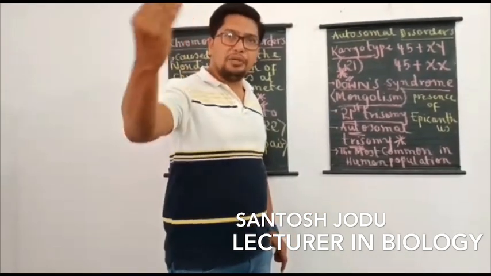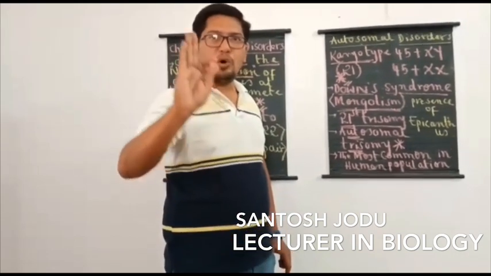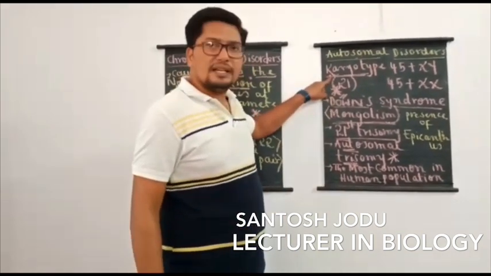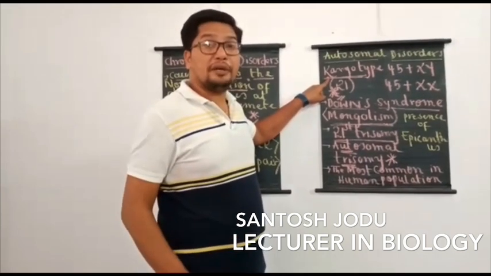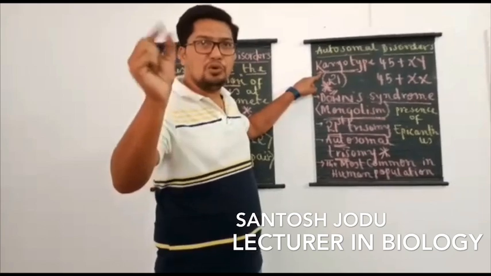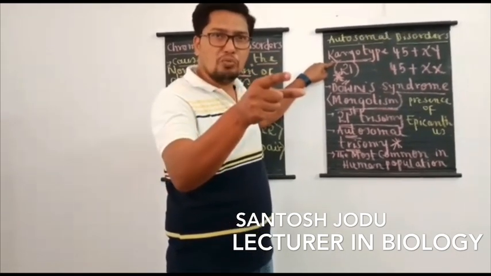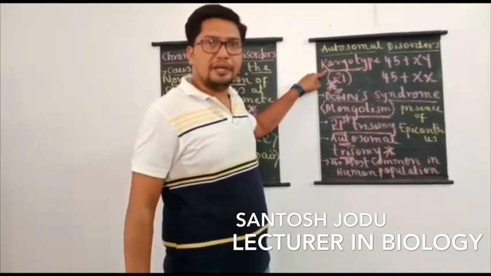What is the karyotype of Klinefelter syndrome? Such questions are asked. And hope you all know the simple term karyotype. What is karyotype? Arrangement of chromosomes within the genome of an organism. So the arrangement of chromosomes in the genome of an organism is called karyotype.